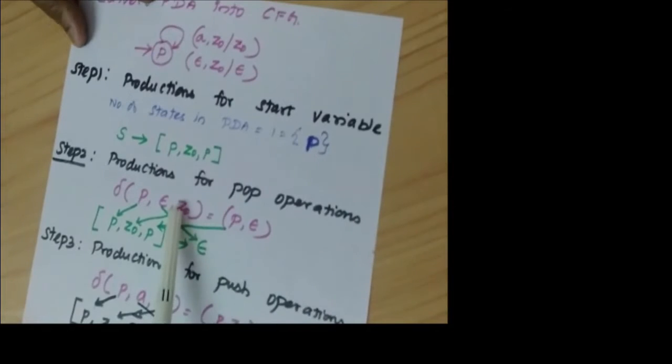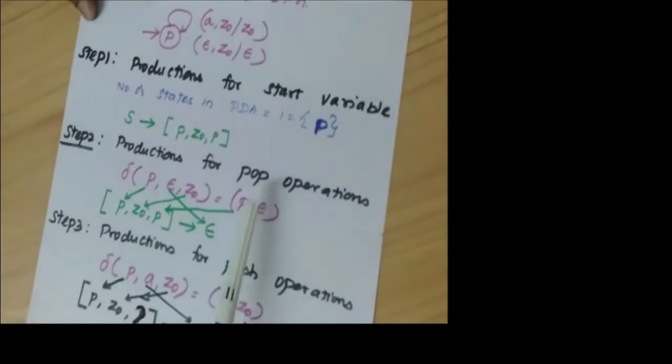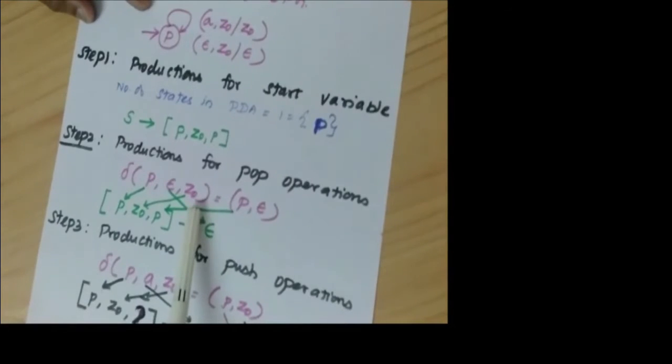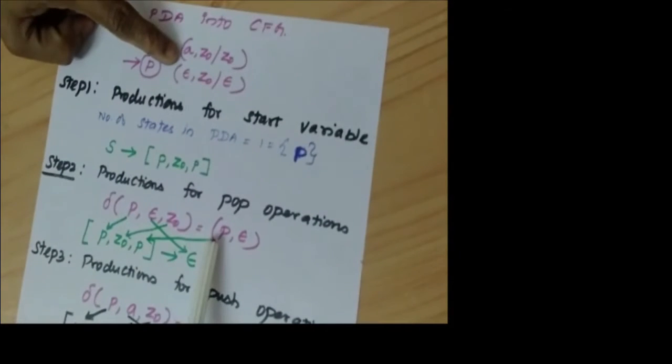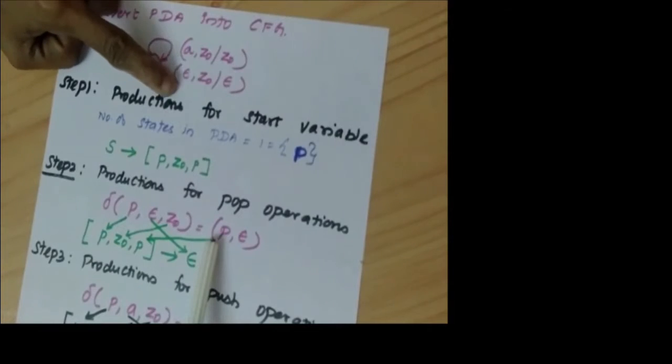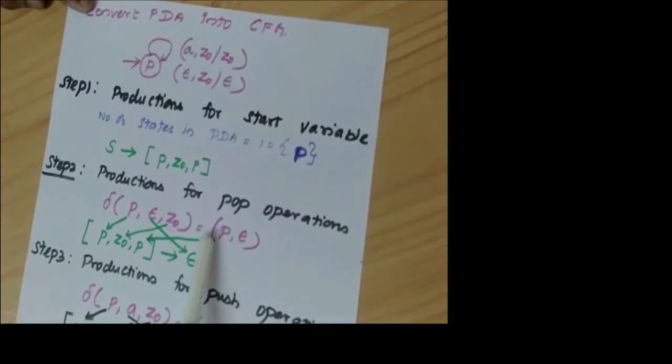Then in the next step we will convert production for the pop operations. So this is the pop operation given in the PDA. P comma epsilon comma Z naught gives, it moves to the state P. It is not pushing any symbol, so here it is given as epsilon.